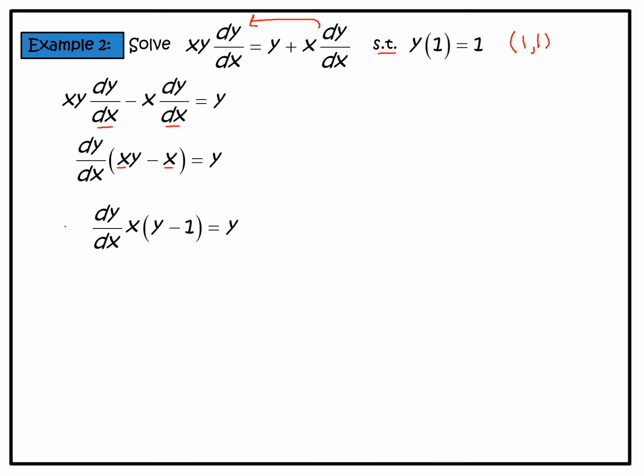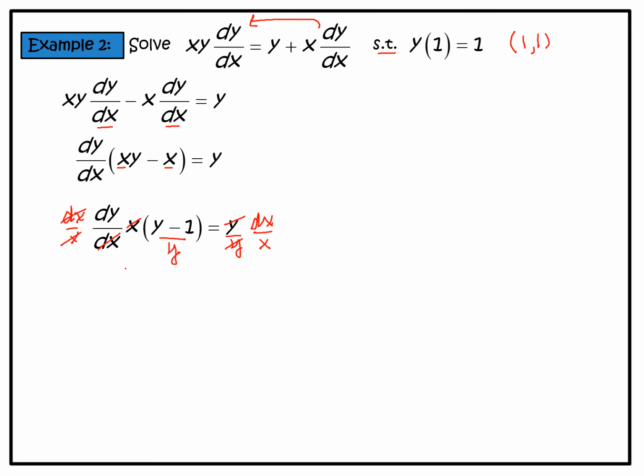So we want to multiply both sides by dx, and then divide both sides by x. And then we've got to get this y on the left-hand side, so divide both sides by y. So our x's cancel, our dx's cancel, and on the right, our y's cancel.